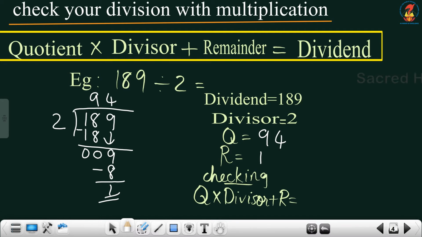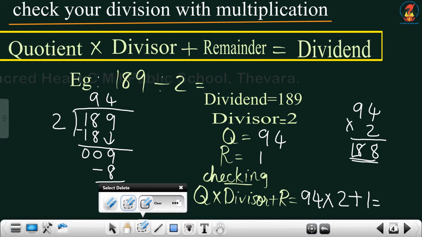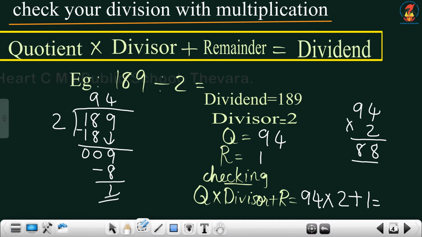And I need to check whether my answer is correct or wrong in the division. How? 94, the quotient, into divisor. 94 into 2 plus remainder. 4 2s are 8, 9 2s are 18. 188 I got, right? 188 plus 1, what will I get? 189.